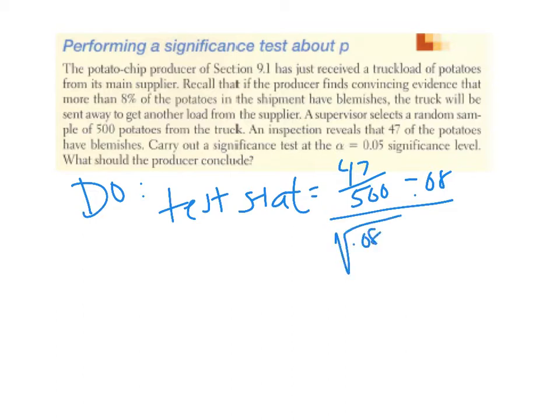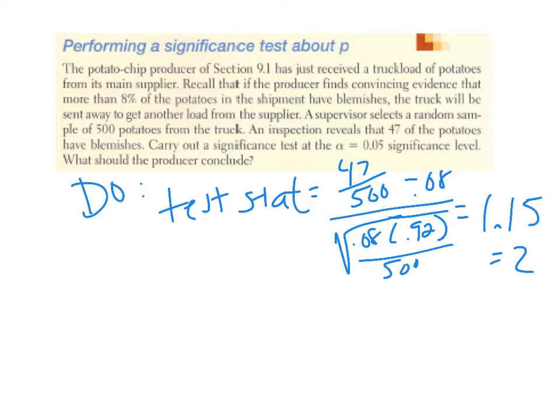So 0.08 times 0.92 over 500, which will give us 1.15, okay, which is basically that is our z-score, right? So that means I can put that into a standard normal curve, and I can find the probability there at that z-score.